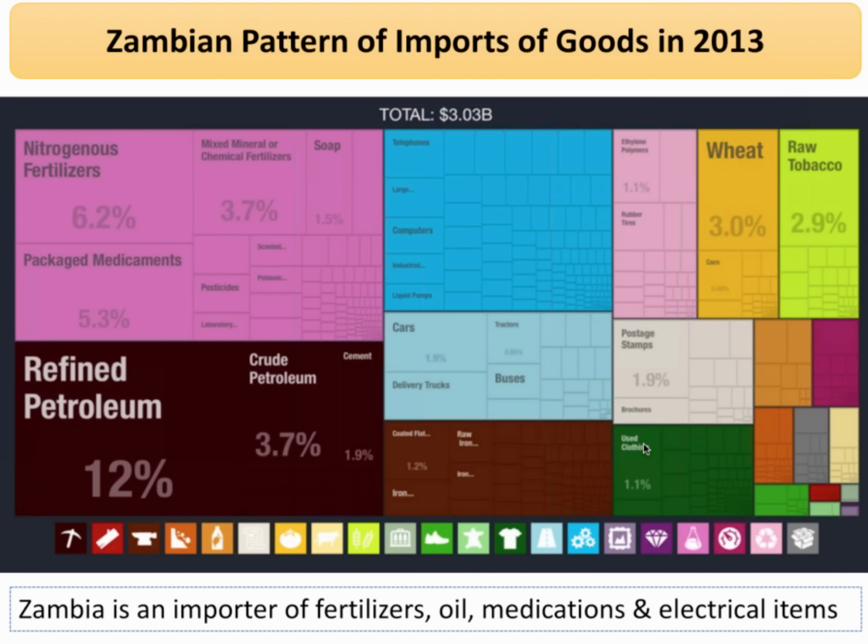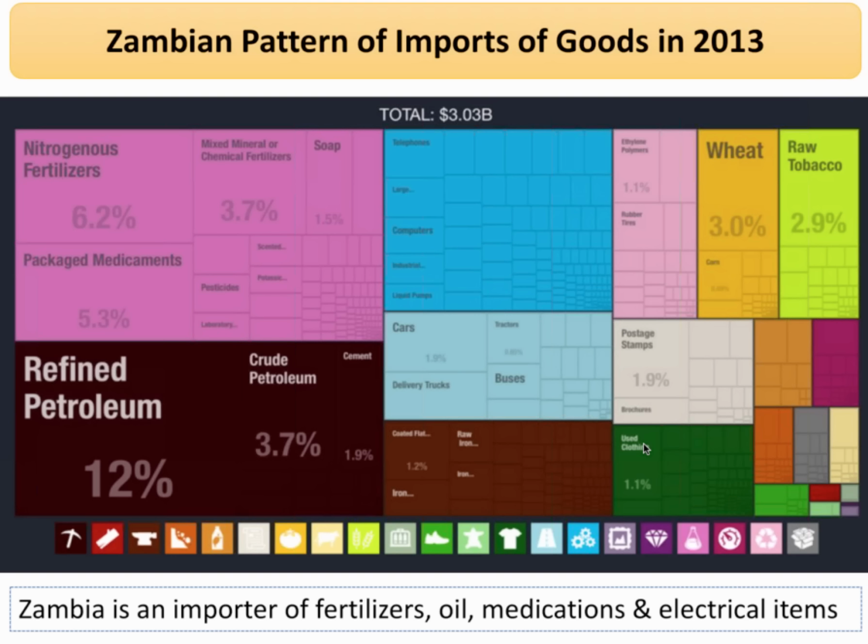So we can see, for example, in the top left-hand corner that Zambia doesn't make any fertilizers. It basically imports them from South Africa. It doesn't make any pharmaceutical products. It has to basically import most of the oil it needs, and the telephones and the computers and the delivery trucks and the pipes and the wiring.